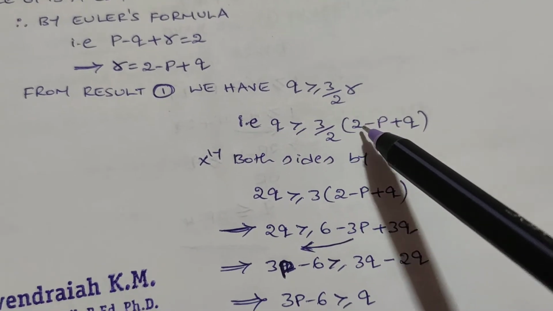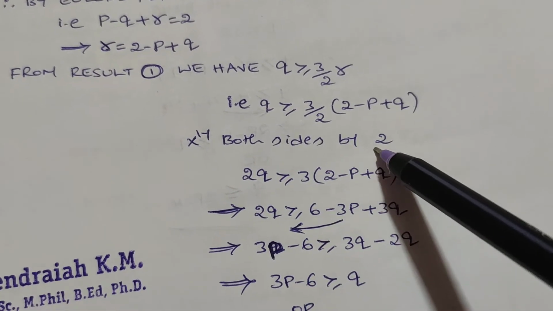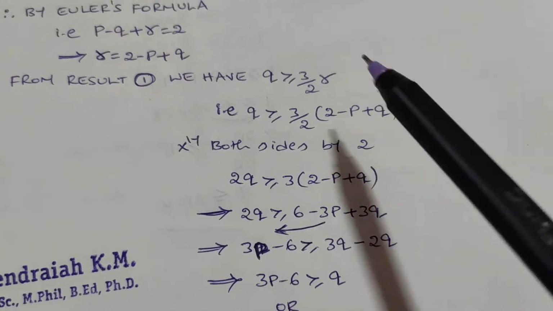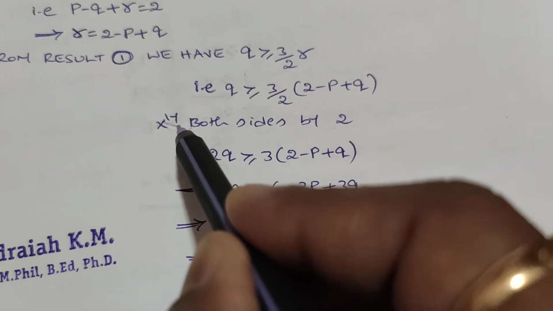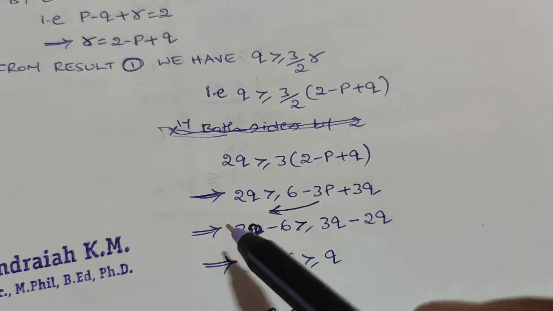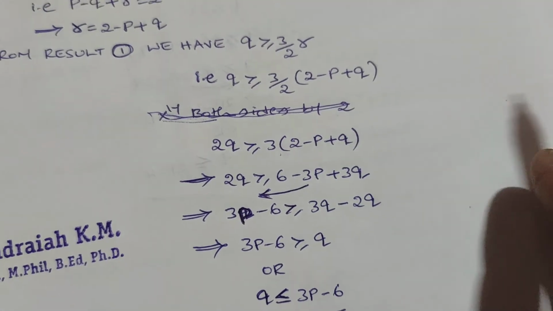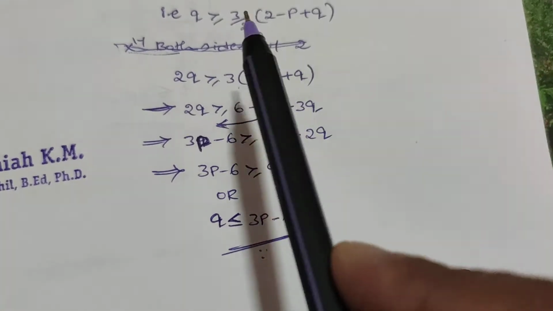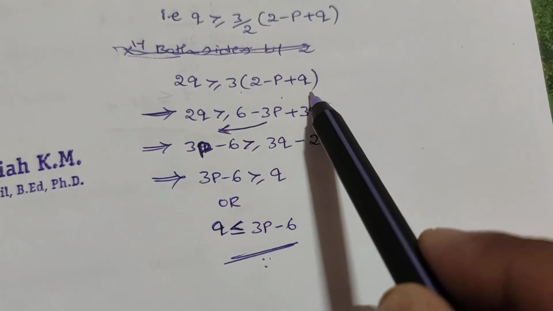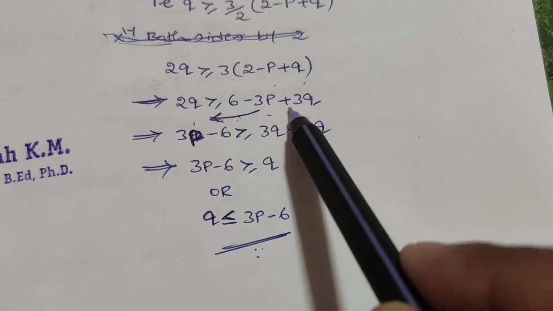Substitute the value of R as 2 minus P plus Q. Not multiplying, on cross multiplying, we get 2Q must be greater than or equal to 3 times 2 minus P plus Q. Therefore, 2Q is greater than or equal to 6 minus 3P plus 3Q.